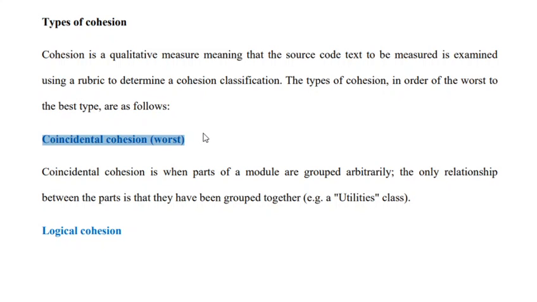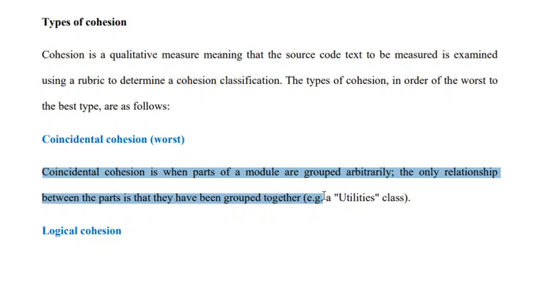So coincidental cohesion is when parts of the module are grouped arbitrarily. The only relation between them is that they are grouped together. Say, for example, a situation where the functions are placed inside a module without having any relationship between them. So that's purely coincidental, right? Now this is one of the least desired kinds of cohesion.